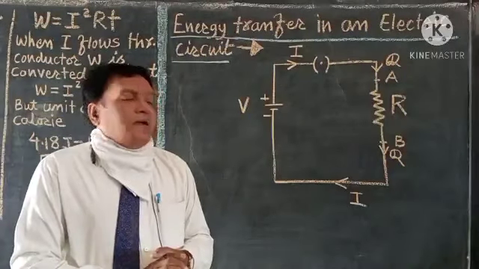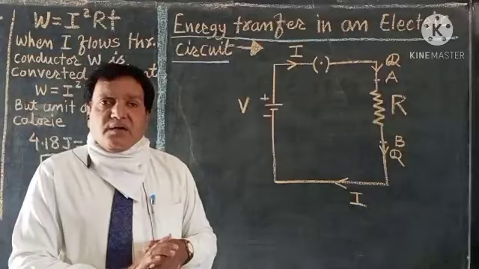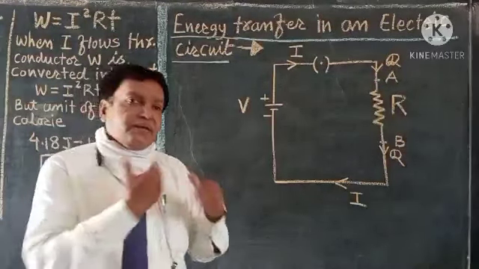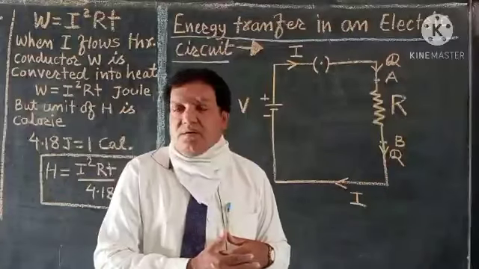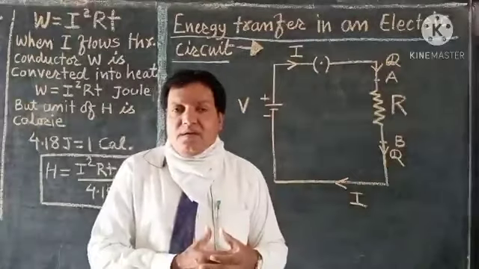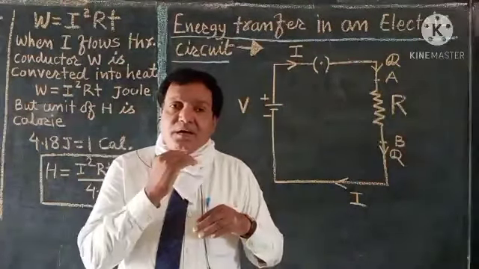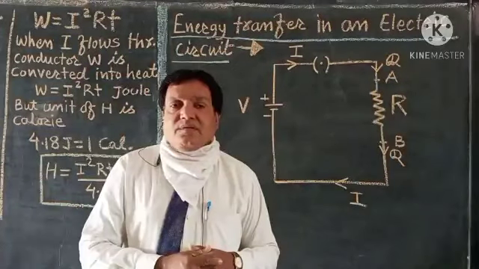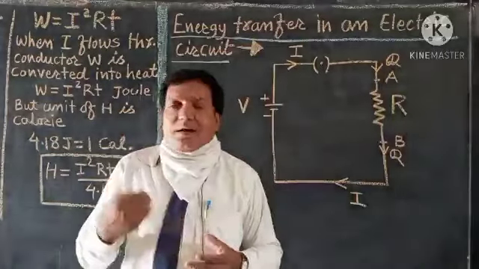Then, if some work is done there, this work done is converted into heat. This work done to carry a charge from one point to another point in an electric circuit is converted into heat energy. And that is the heating effect of electric current.